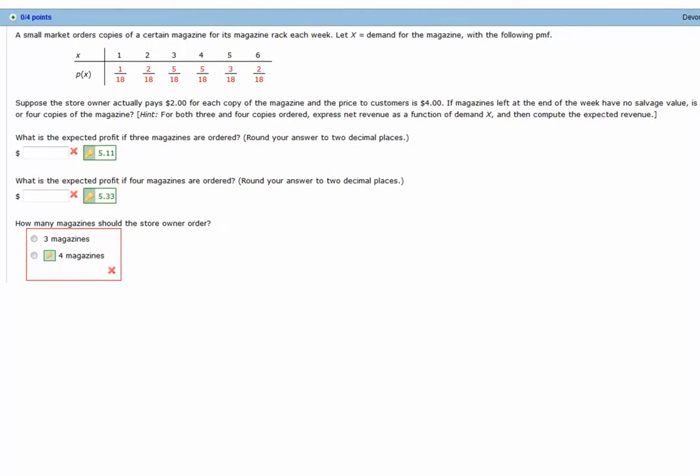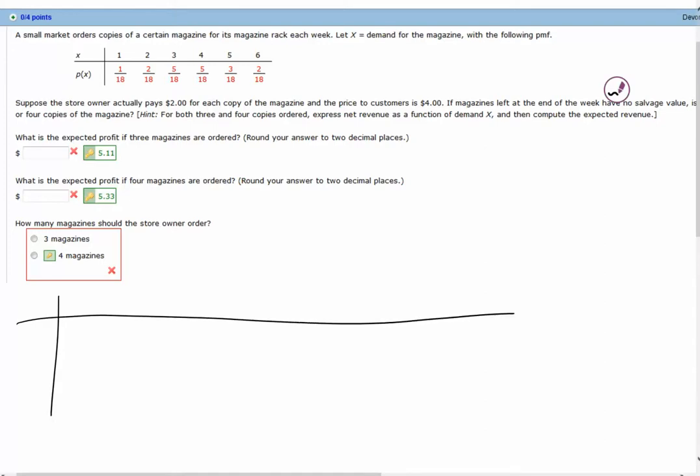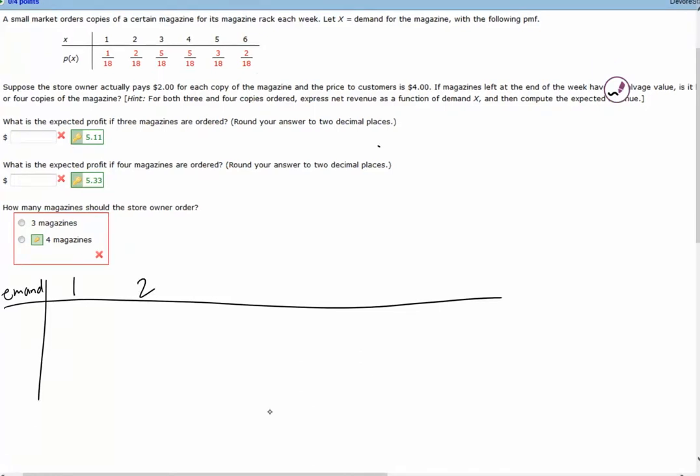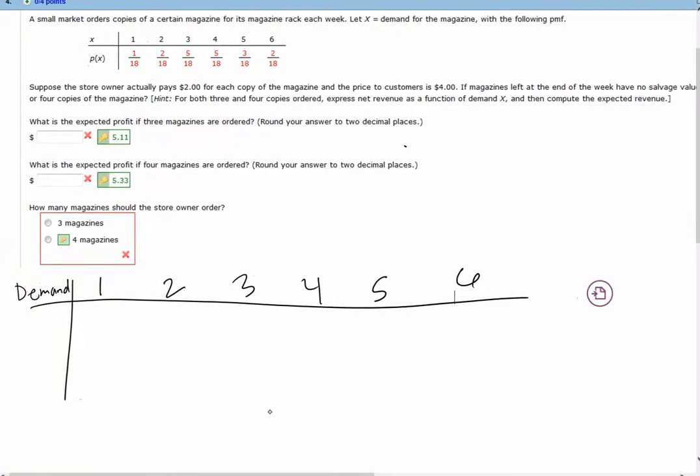Instead of doing an equation, it's easier to just make a new table. So this is demand. They might demand 1, 2, 3, 4, 5, or 6. Okay, and then I'm going to do profit if order 3 magazines.